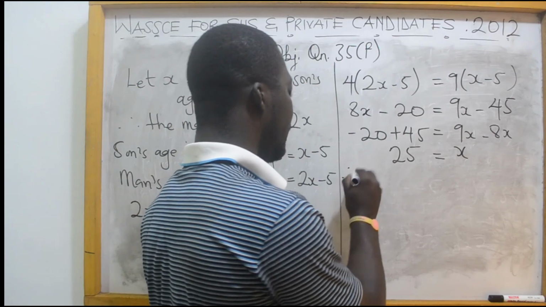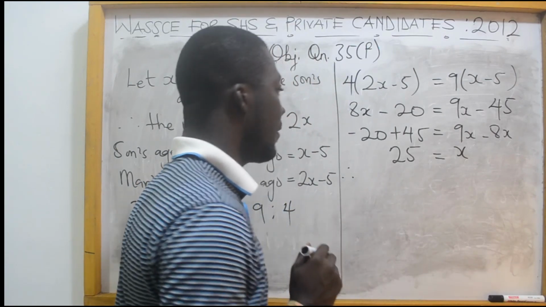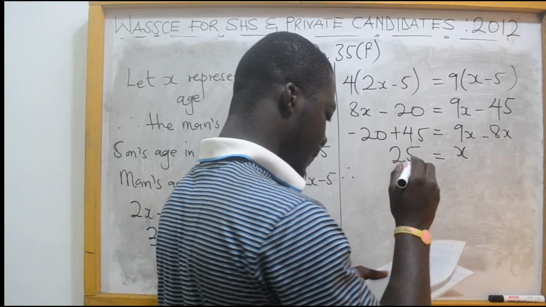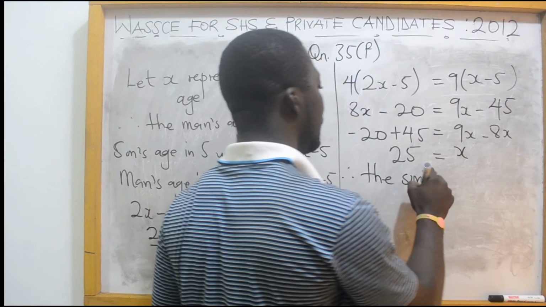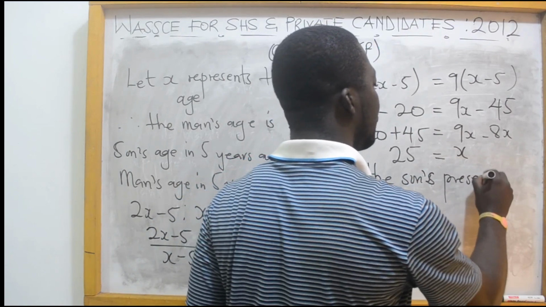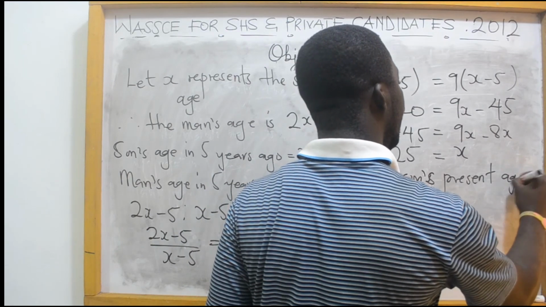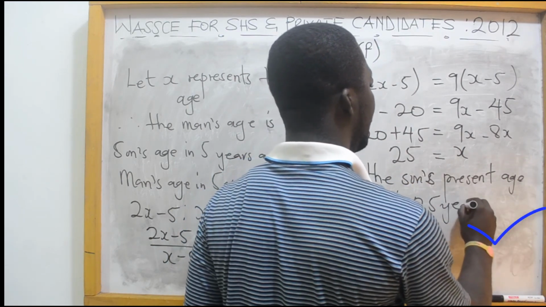And we're asked to find the son's age. So therefore, the son's present age is 25 years.